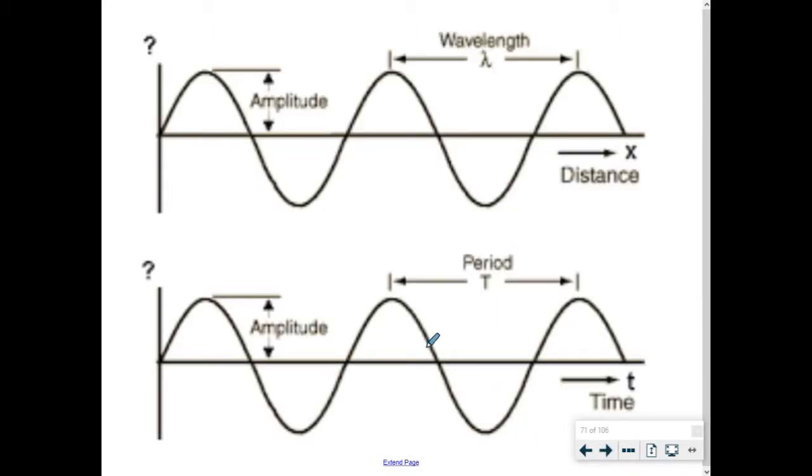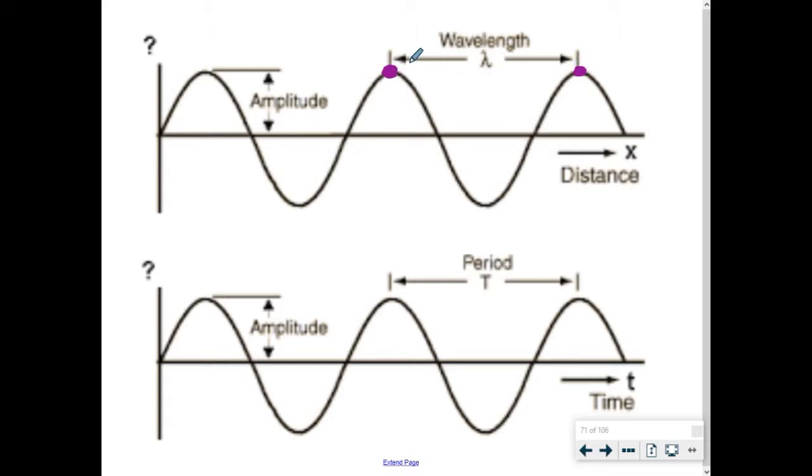Okay, so here's that same kind of picture. It's a wave going up and down, up and down, up and down. When we want to measure how far it is from here to here, let's say from the top of the wave to the top of the wave, one of the ways that we can quantify that amount is by a distance. We can say, how far is it from here to here?